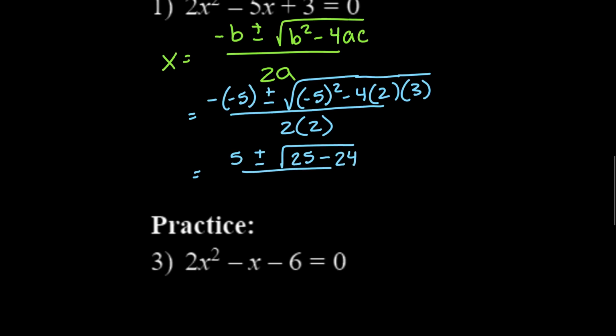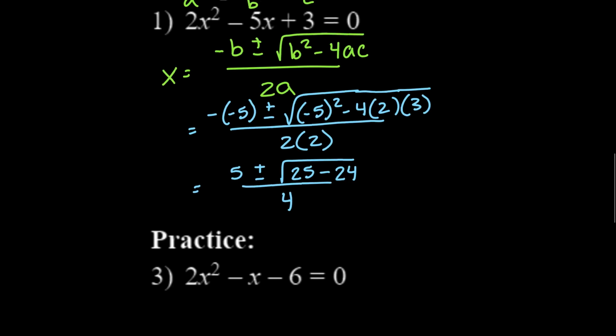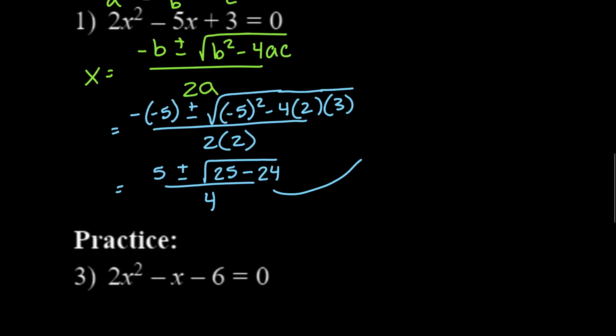And 2 times 2 is 4. What is 25 minus 24? Can 1 be perfectly square rooted? Yes, it can. What is the square root of 1? So it's 5 plus or minus 1 over 4.